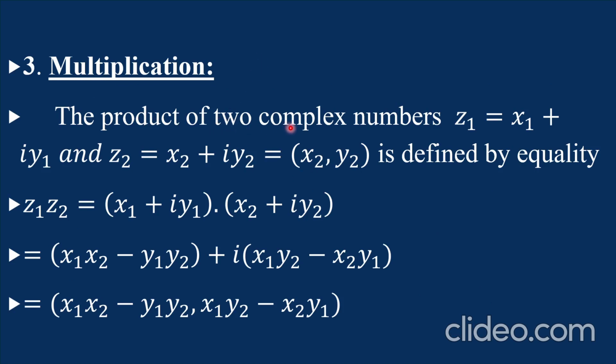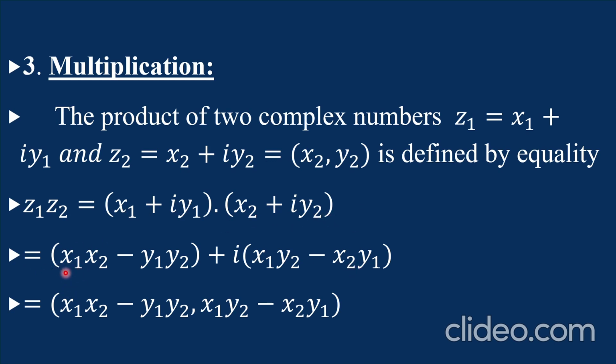Multiplication. The product of two complex numbers, that is z1 equal to x1 plus iy1 and z2 equal to x2 plus iy2. Substituting these values, z1 into z2 is equal to (x1 plus iy1) into (x2 plus iy2).